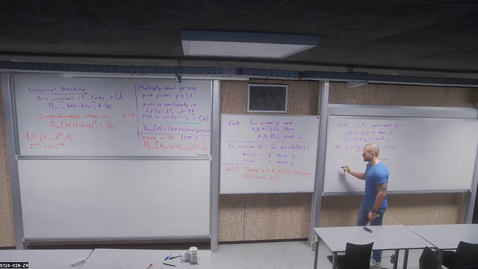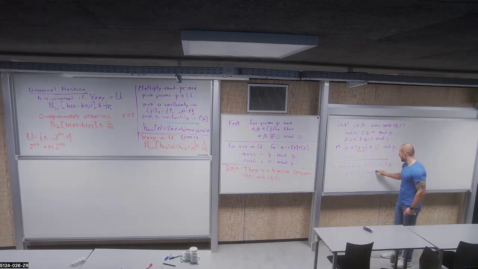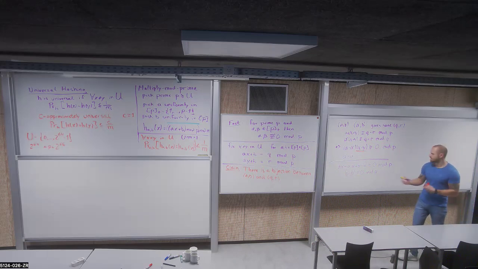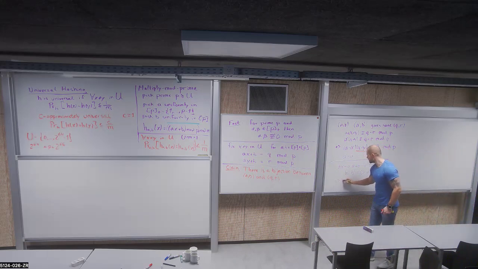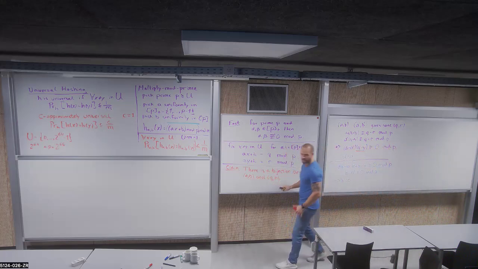So when I get AX minus A prime X plus B minus B prime, and then I subtract Q from Q, I get something congruent to 0 mod P. A prime and A are the same, so these cancel out, and then I get B minus B prime is congruent to 0 mod P. Since they're both numbers between 0 and P minus 1, they have to be equal, so B equals B prime. So this establishes this fact: there is a bijection between the AB pairs and the QR pairs.